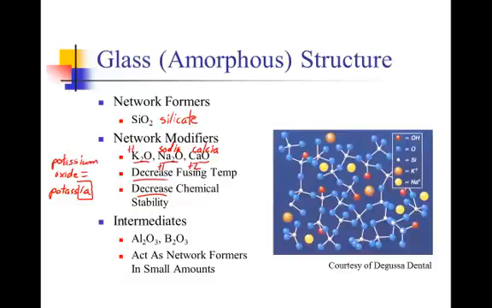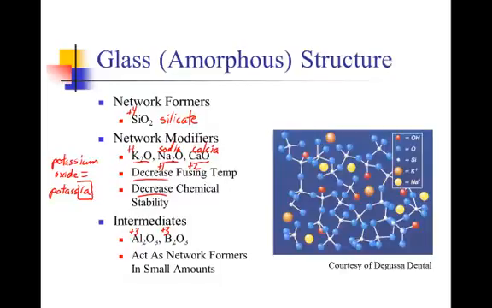And we have another class of additives we can put in glasses called intermediates. And the intermediates don't have the +4 charge of the silicon, but they do have more than the charge of the alkali and alkaline earth network modifiers. Aluminum is +3, boron is +3, so they're kind of in between.